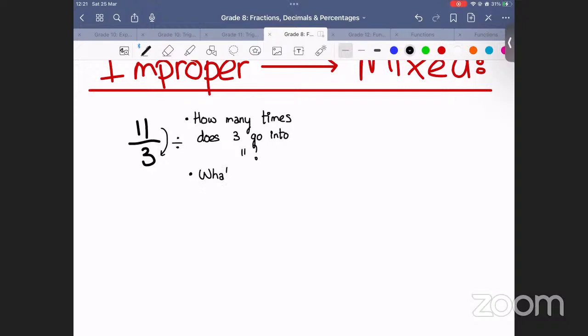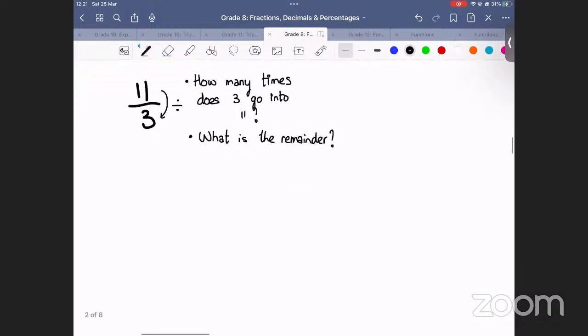And what is the remainder? Your answer then becomes how many times 3 goes into 11. What can we call that? We can call it the quotient. Remember, the quotient is the answer to a division.